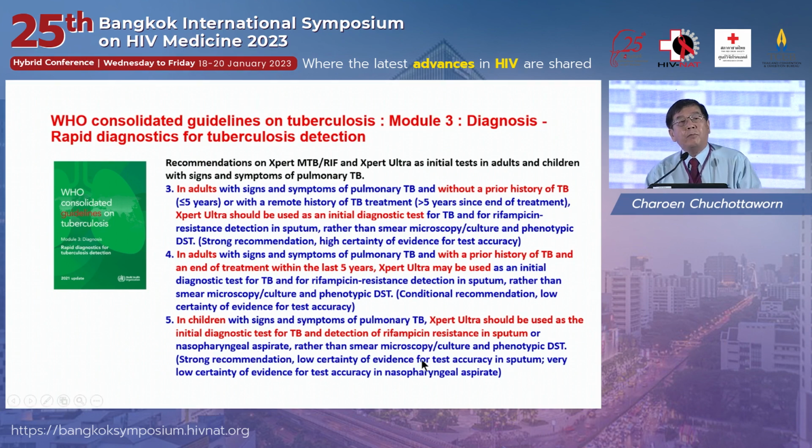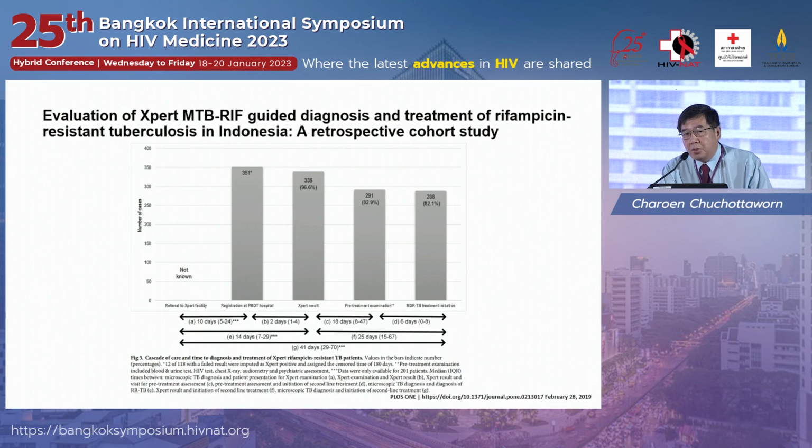But now in Thailand and many countries, we don't have Xpert MTB/RIF or generation 4 of Xpert, but we use Ultra as a routine. In Indonesia, several published papers show that even though you have a new tool that is very sensitive and very fast to get the result, in real life there is still a lot of delay. Even the registry sends the patient to the central lab, gets the result back and starts the treatment.